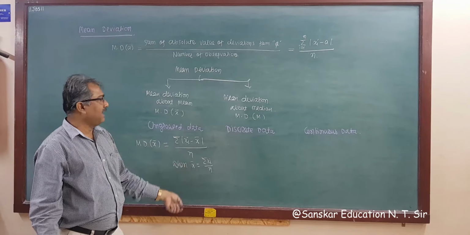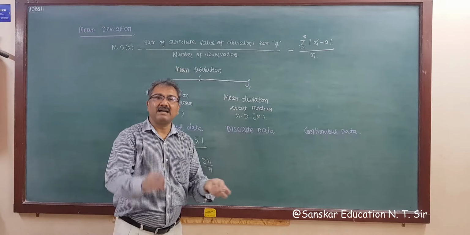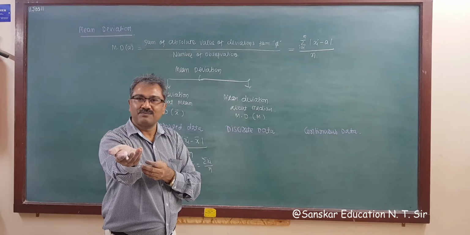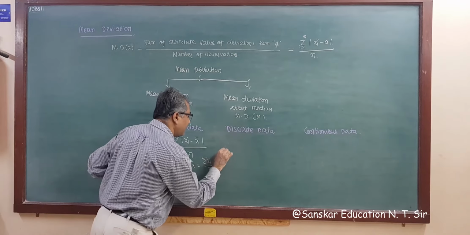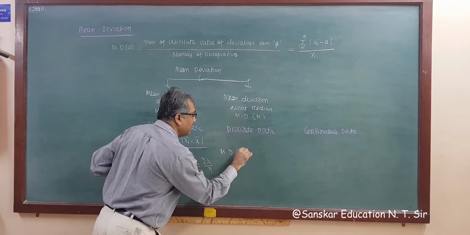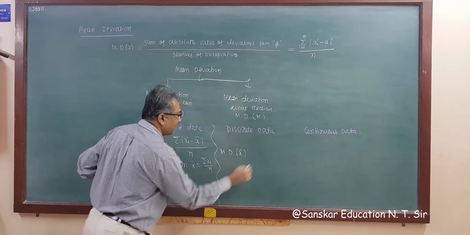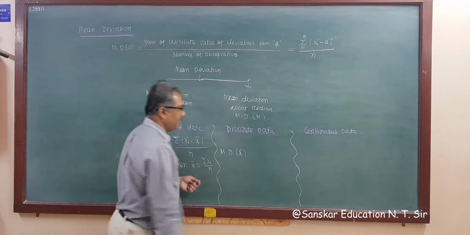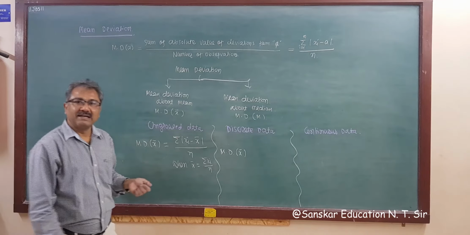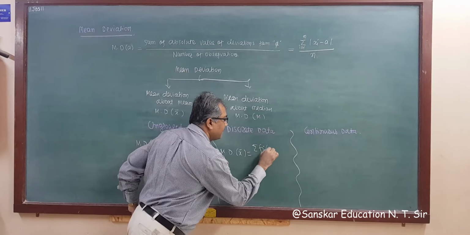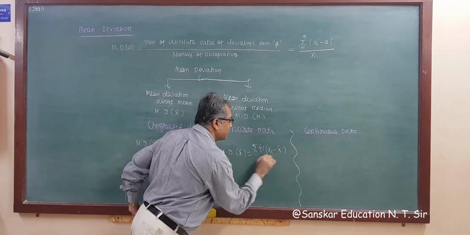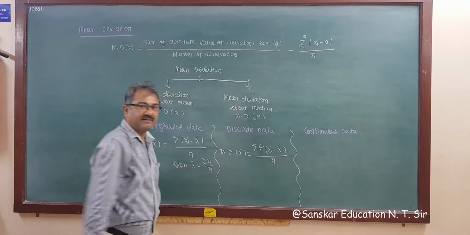Now for discrete data, there is a frequency also, that is fi. So mean deviation about mean for discrete data, if we draw the vertical line, is sigma fi |xi minus x bar| upon the total number of observations.